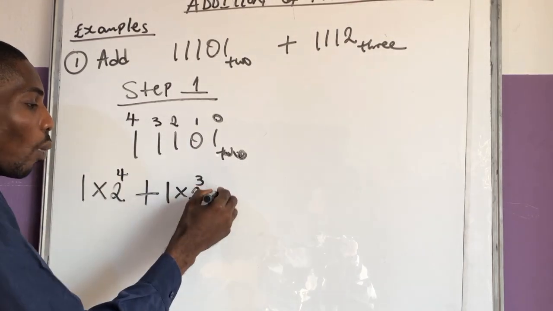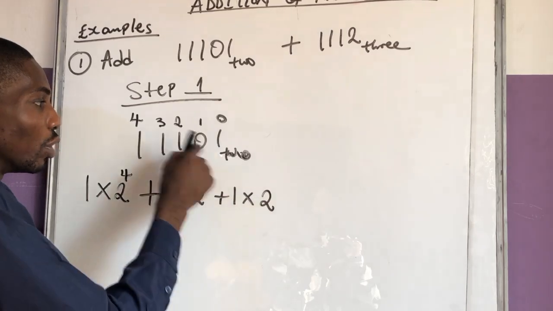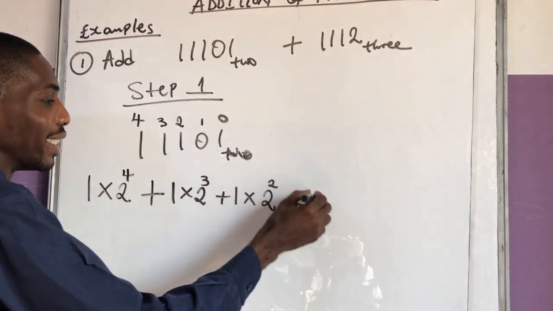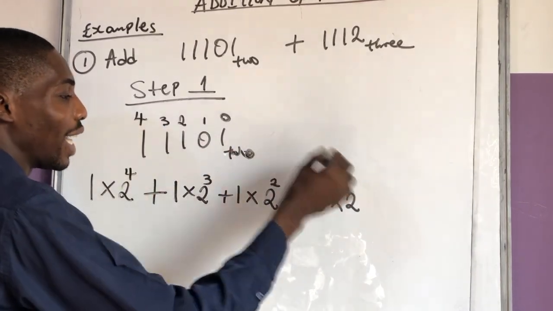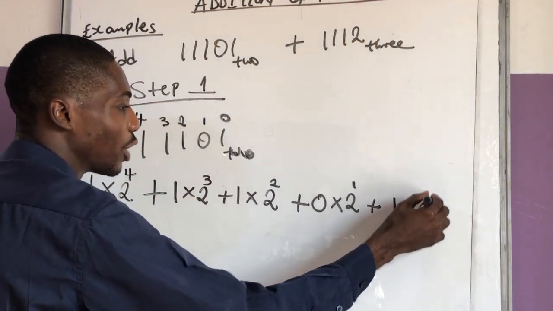What's the next number? 1 multiplied by 2 raised to the power 2. Plus, the next number is 0 multiplied by 2 raised to the power 1. Plus the last number, which is 1 multiplied by the base raised to the power 0.